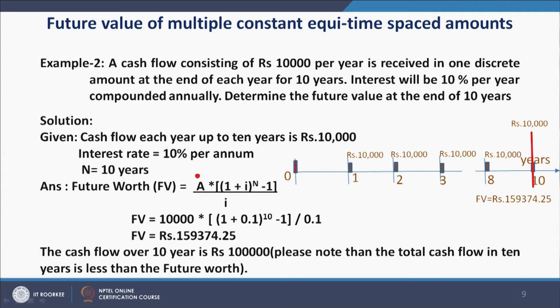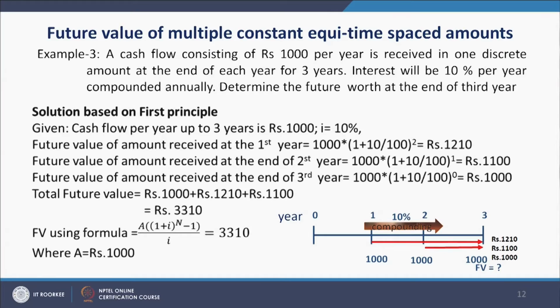When I put values into this equation, A is 10,000, 1 plus i is 1.1 to the power n, n is 10, minus 1, divided by 0.1, this is the value of i, then it becomes equal to 1,59,374.25. The cash flow over 10 years is about 1 lakh. Please note that the total cash flow in 10 years is less than the future worth.